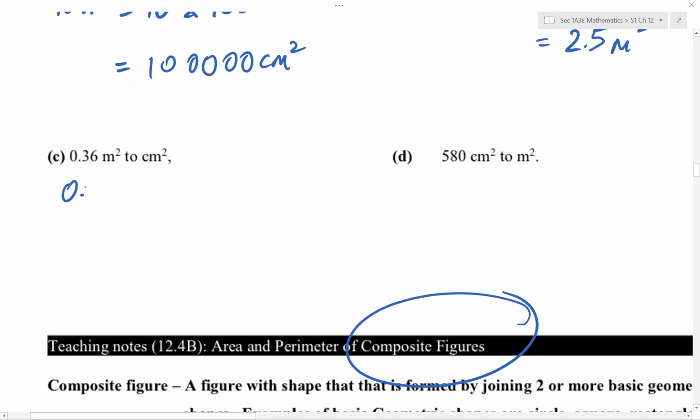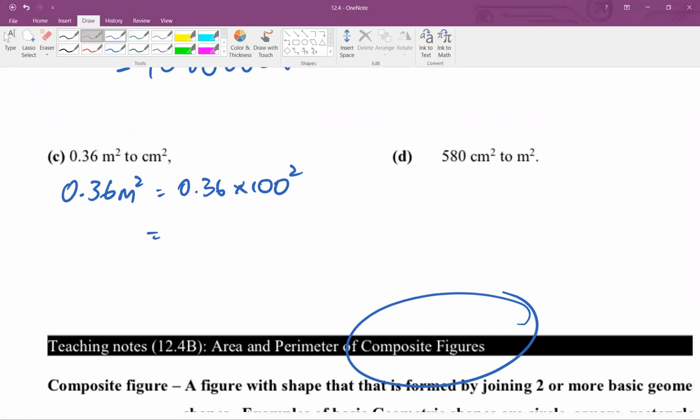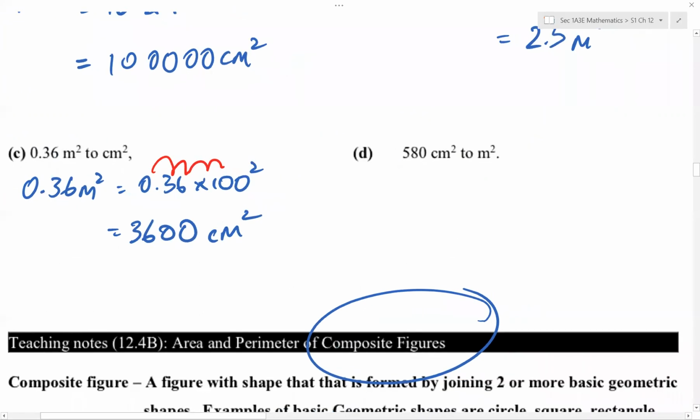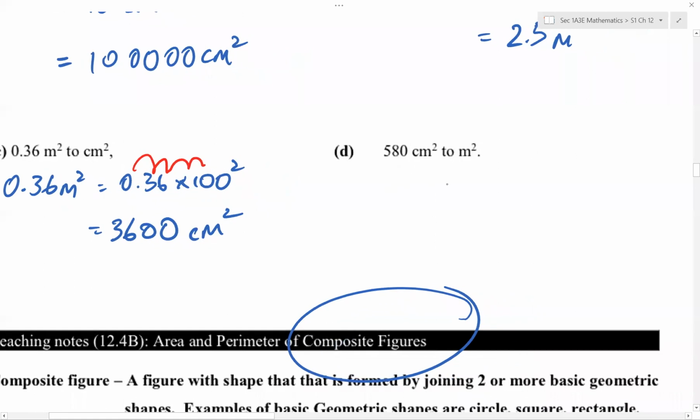Okay, I'm just going to go through the rest quickly. So move the decimal. 1, 2, 3, 4. 3600 square centimeters. Next one. Copy down the number.